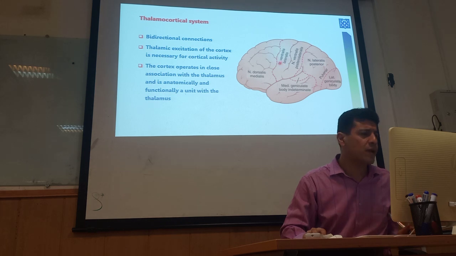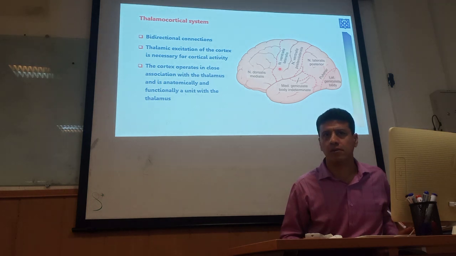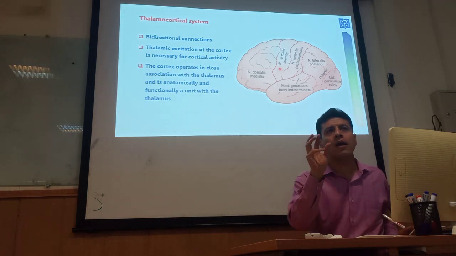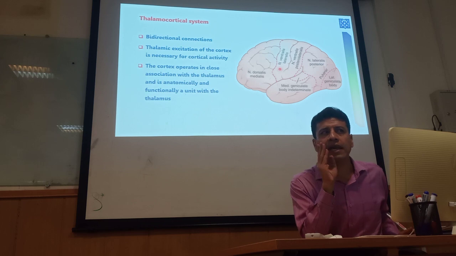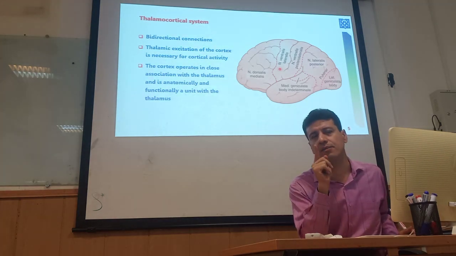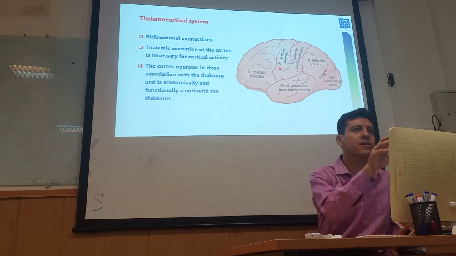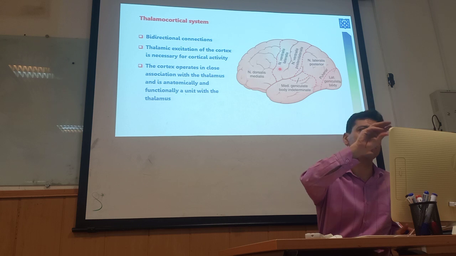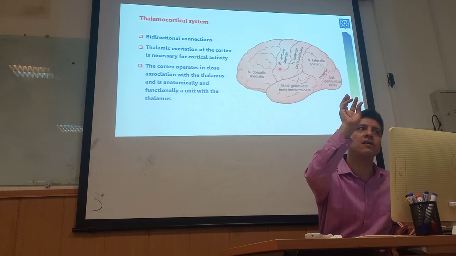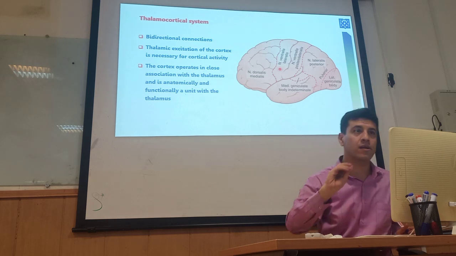So, another area, this one. Primary motor cortex, right? It's connected with lateral and anterior nuclei in the thalamus. Remember from yesterday's session, cerebellum and basal ganglia send information to the lateral nucleus, anterior nucleus in the thalamus. Then from here, they go to the cortex.